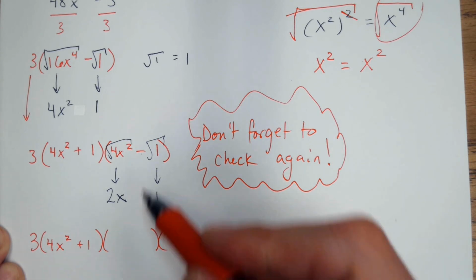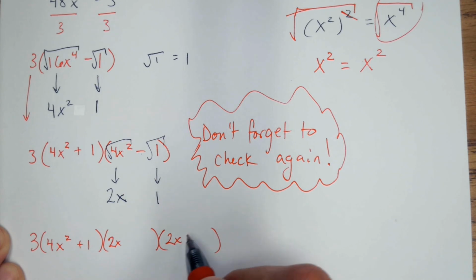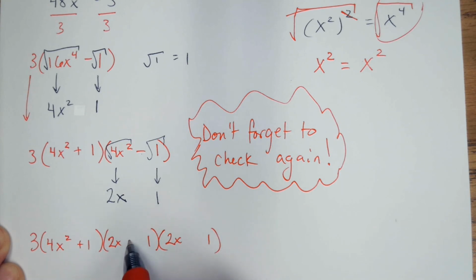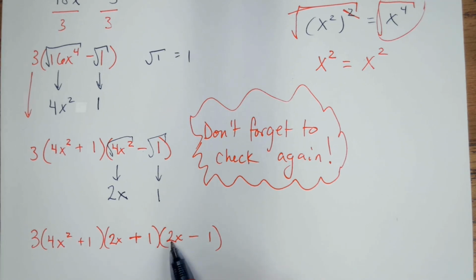And what do we get? We get 2x, 2x, whatever that square root was. 1, 1, and alternate the signs. Plus and minus. Now I can't take the square root of 2 evenly, so I'm good there.